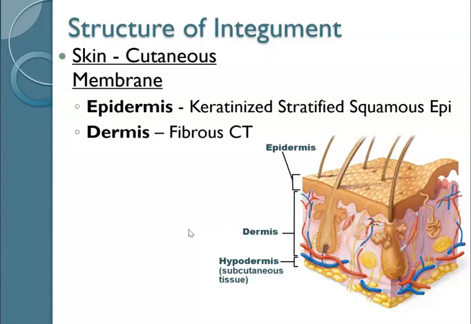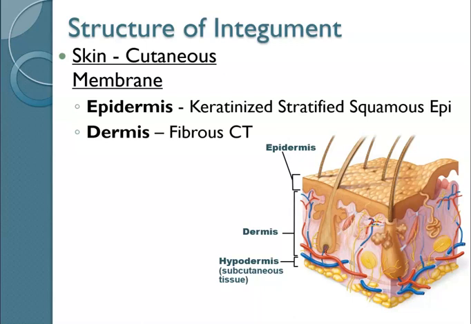Our biggest organ in our body is our skin, and that is an organ belonging to the integumentary system. Our skin is also the cutaneous membrane, which we alluded to in chapter 4's challenging concepts, the tissues chapter.